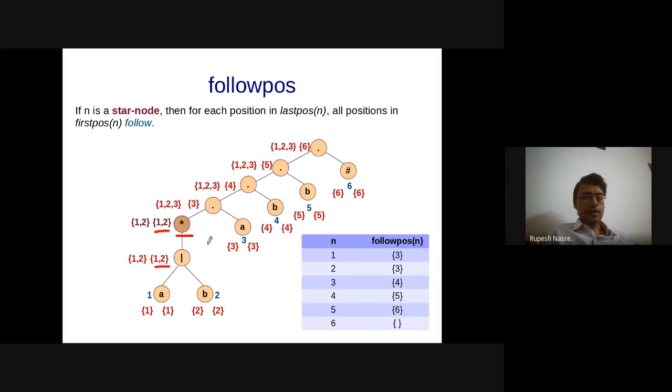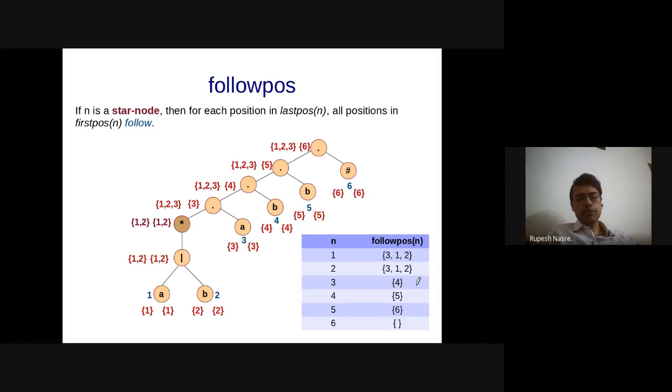If you take 1 or 2, then its star is going to be, the first pos of that is going to be deciding the follow pos of the last pos. So for the last pos, that is each of 1, 2, 1, 2 is also going to be the follow pos. So that is what we are going to mention here, that 1, 2 should also be in the follow pos.